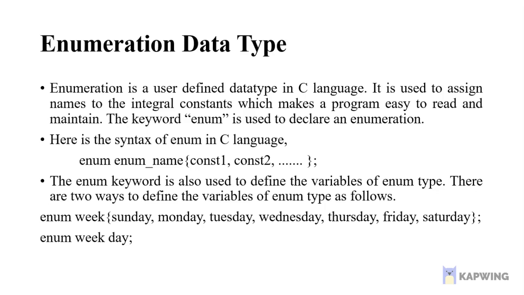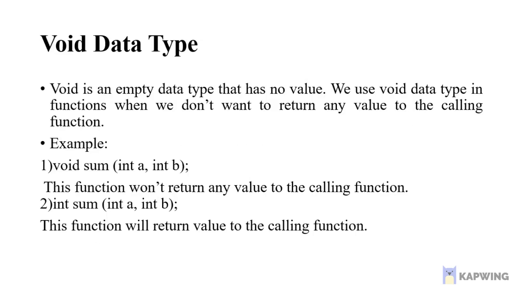Next comes the void data type. Void is an empty data type that has no value. That means it is a type of a function. We use the void data type in a function when we don't want to return any value to the calling function. When we want to return some value, we use int, and when we do not want to return any value, we use void.